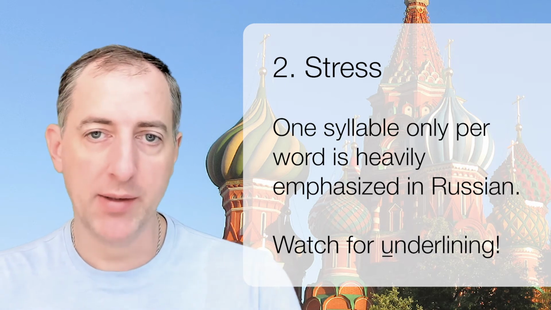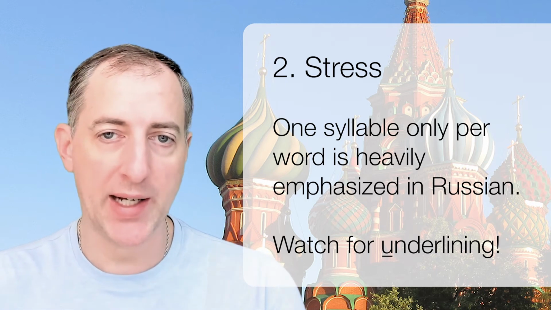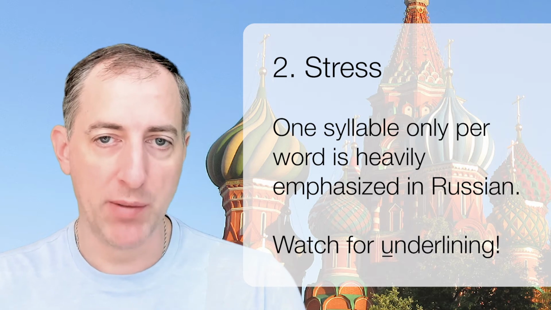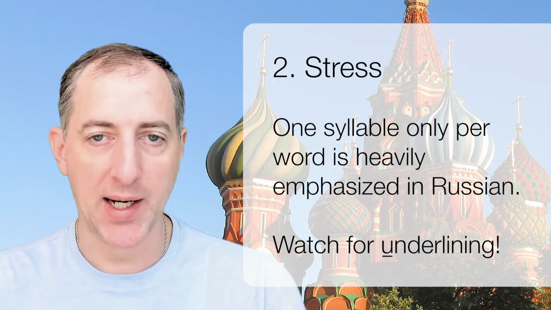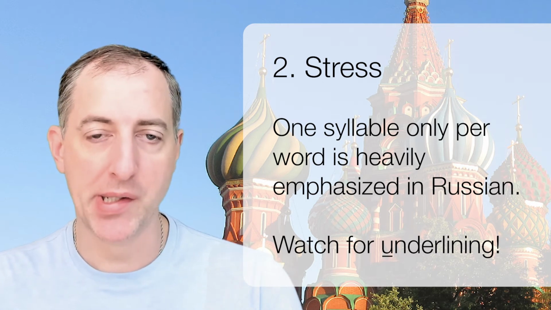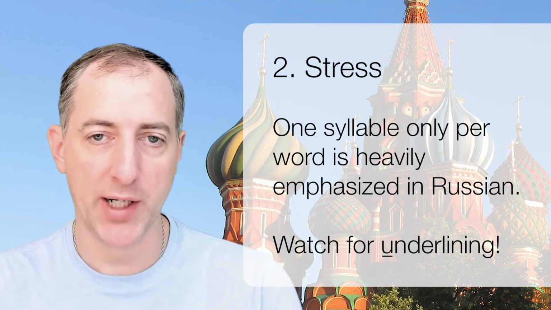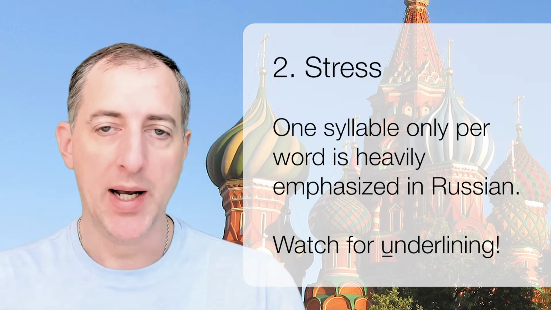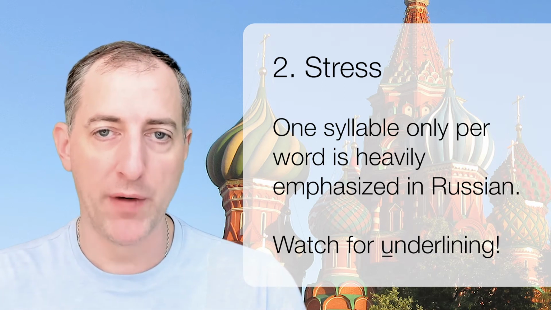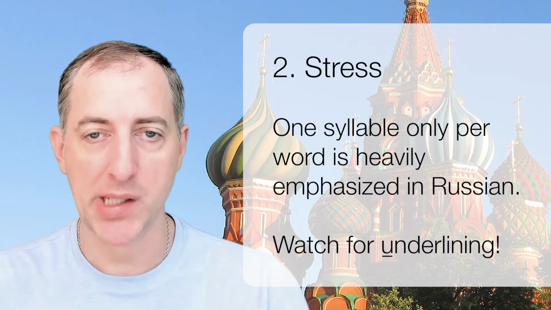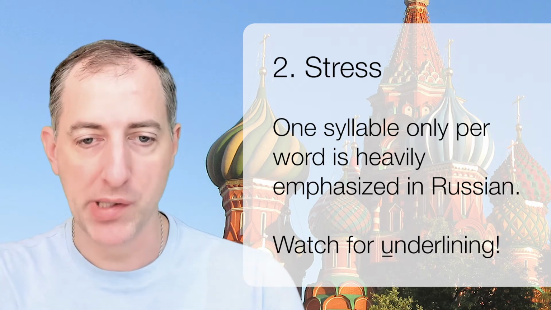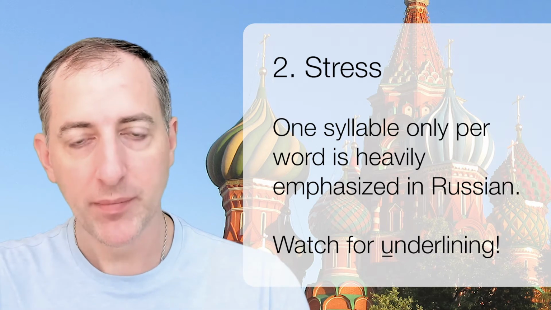Whereas in English, stress is relatively weak and can be a little bit shifty when you're trying to pin it down, even for a native speaker, in Russian this is not the case. So my advice to students is to watch for the underlined syllable in our textbook and really try to hit it with great force without being afraid of overdoing it. Because it's almost impossible to overdo this when you're first learning Russian.